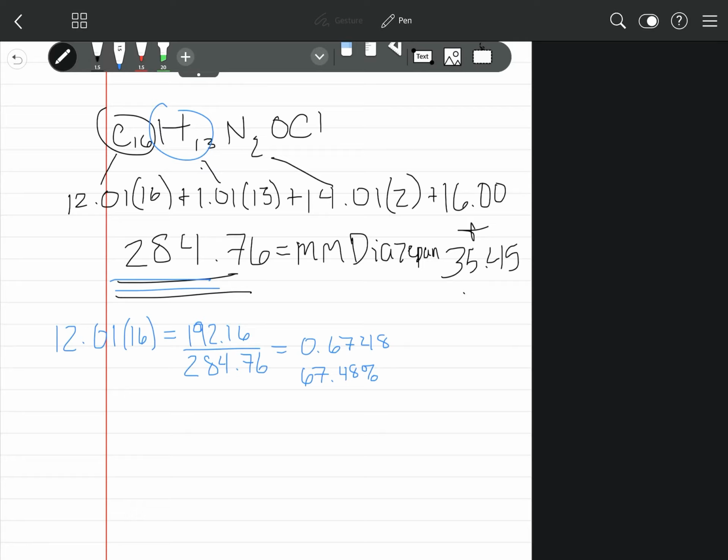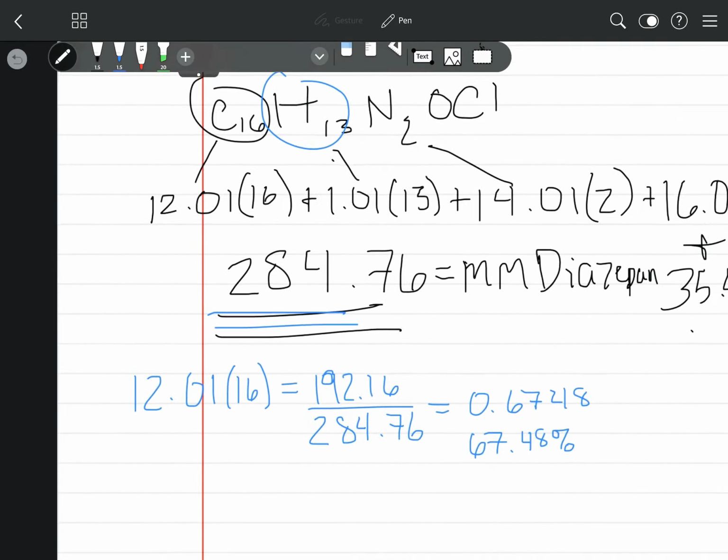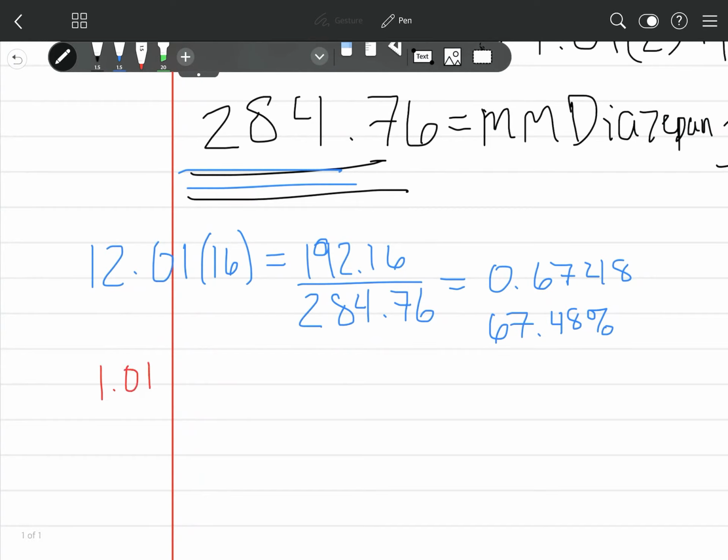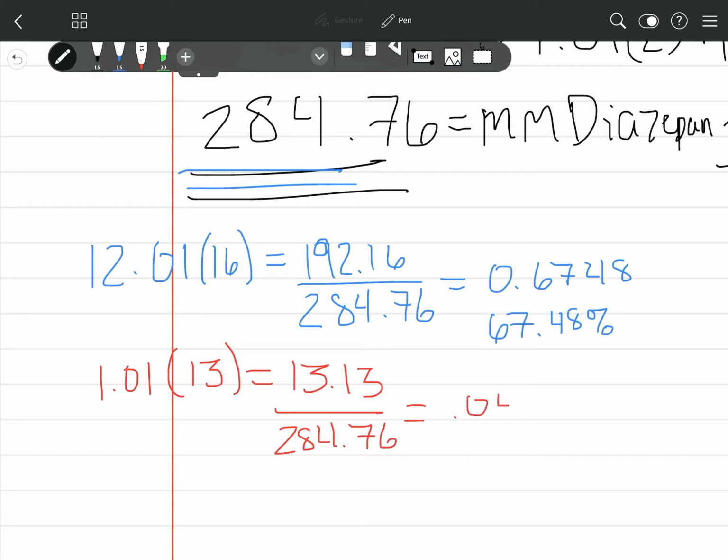Then you're going to do it one more time with hydrogen. I'll do hydrogen and then I'll let you do the rest. For hydrogen, the molar mass is 1.01 times 13, so it's obviously 13.13, divided by 284.76. Let me check that on the calculator. That's 0.0461.